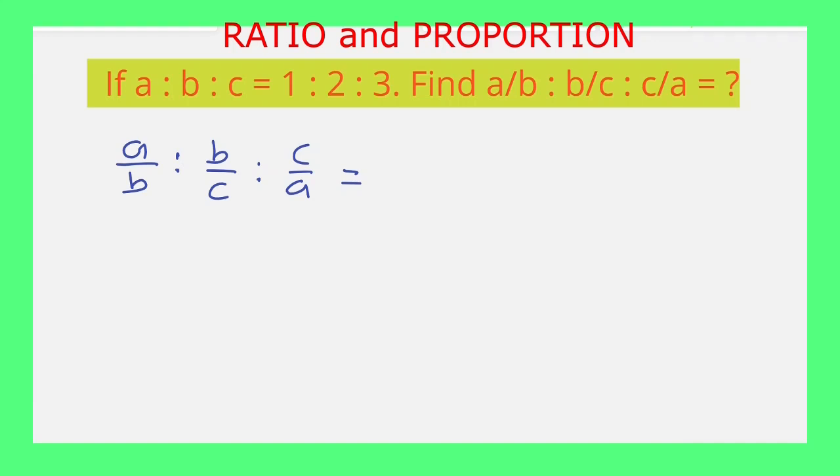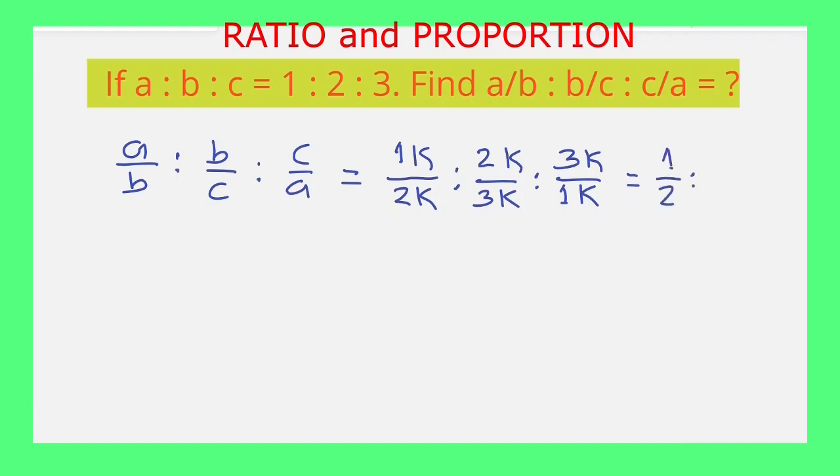So A upon B is 1K upon 2K, B upon C is 2K upon 3K, and C upon A is 3K upon 1K. As K is common, by cancelling K from all the numerators and denominators, we get 1 upon 2 ratio 2 upon 3 ratio 3 upon 1.